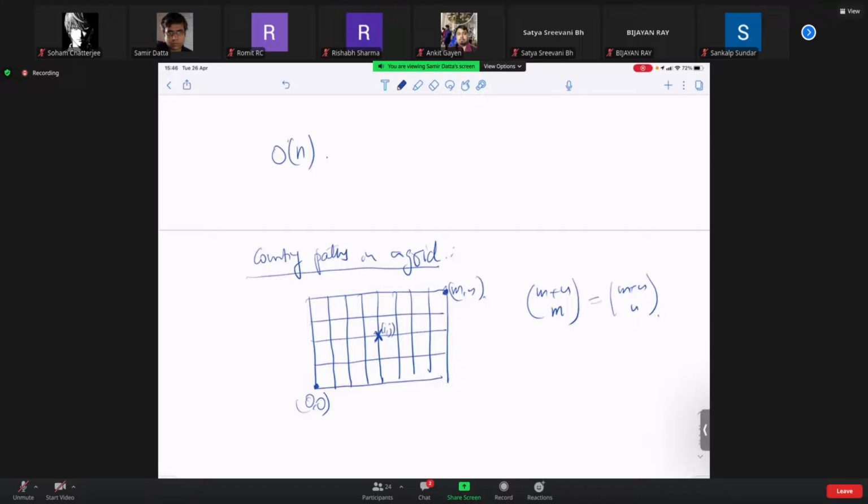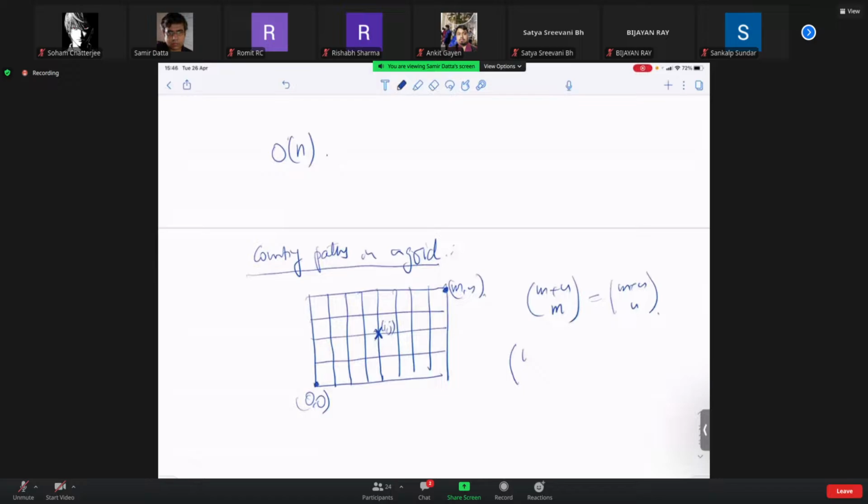So we can compute the number of paths which pass through i comma j, which is the number of paths from 0, 0 to i comma j, and then the number of paths from i comma j to m comma n, and then subtract this from the total number. Correct? That's what you're saying. Oh, yes, sir. Okay.